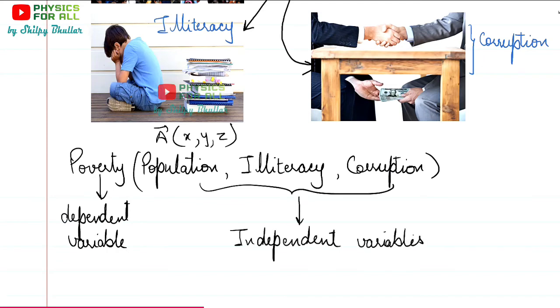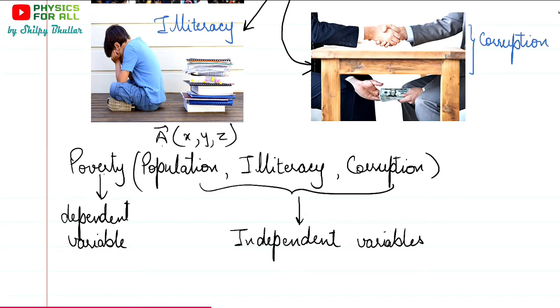And whether it is differentiation or partial differentiation, that is also always taken of dependent variable. Suppose here A is dependent variable, which is depending on X, Y, Z. So partial differentiation will be of A with respect to X, with respect to Y, with respect to Z.